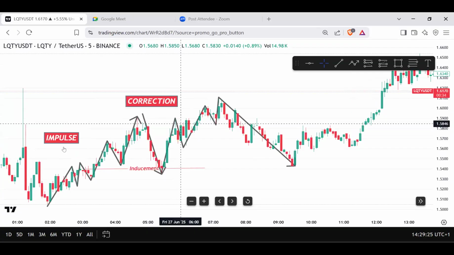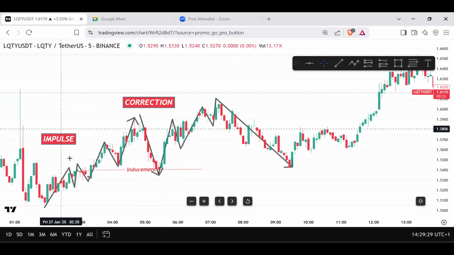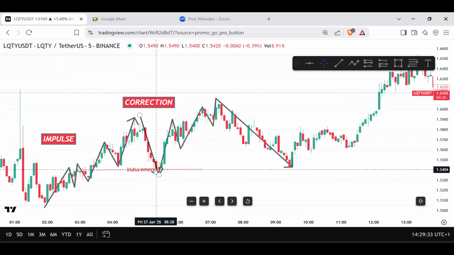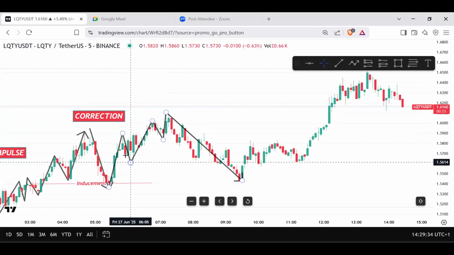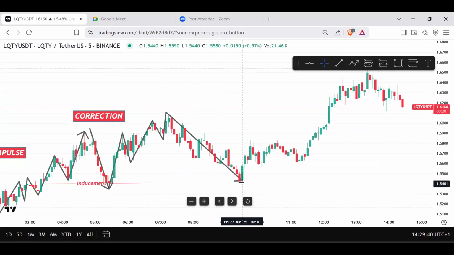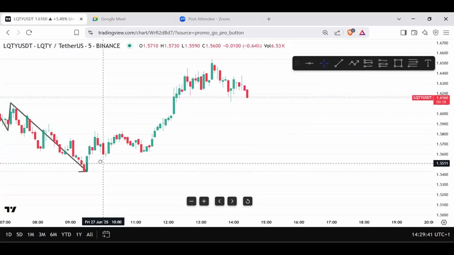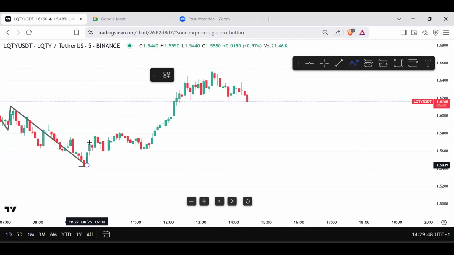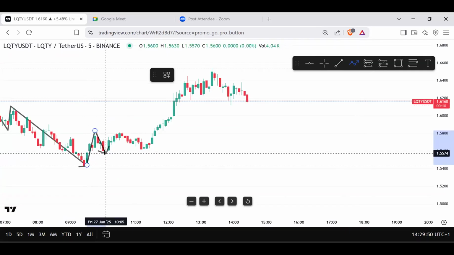So what we are basically having is impulse, inducement, correction, another impulse, inducement, correction, and that's what is happening again.